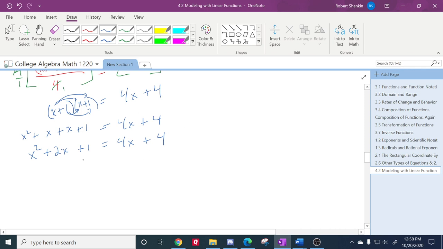And then, what type of equation is this? It's called a quadratic equation. We get those solved by setting them equal to 0.